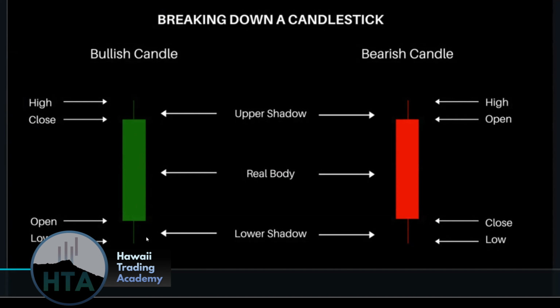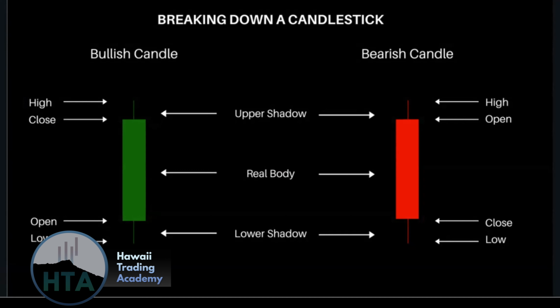The wicks, or the upper and lower shadows, show that price was there at a certain point, but it kind of brushed that area, then it came back. You know what I mean? So it shot up, came back down, and it closed here. By the end of the 5 minutes, in this example, that's where price ended up, and that's where the close is.